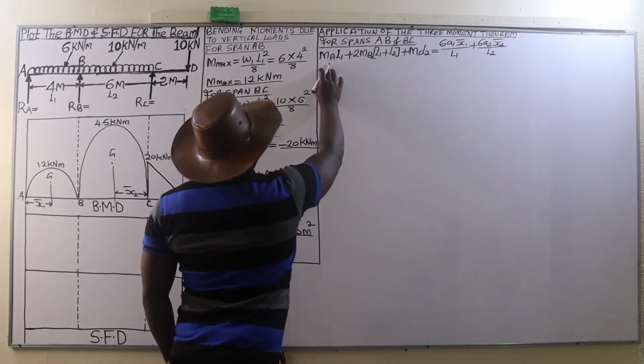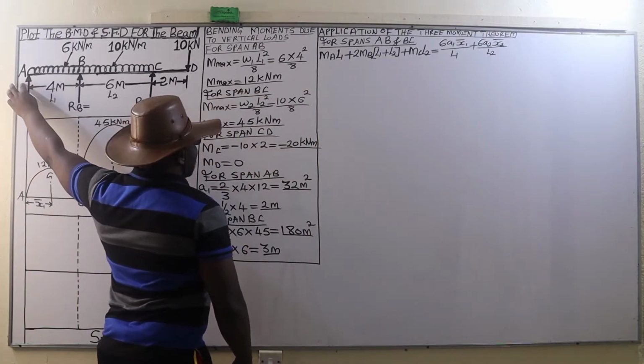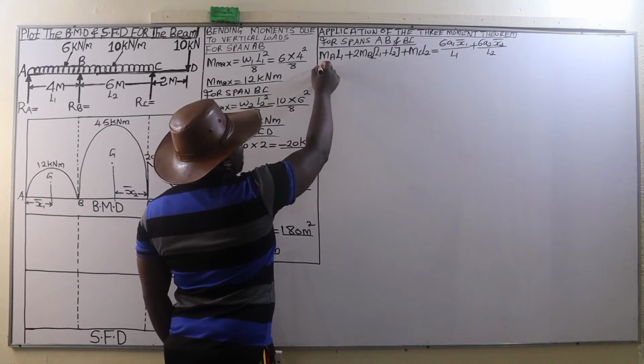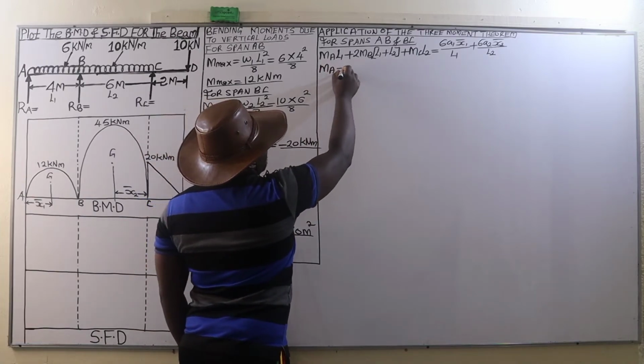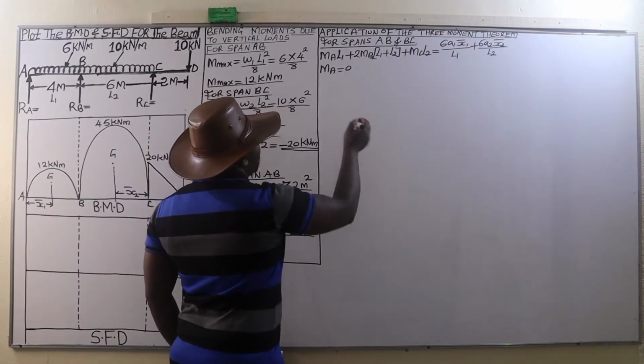Now, the bending moment at A is going to be 0, since the beam is simply supported at A. So we are going to have the following.